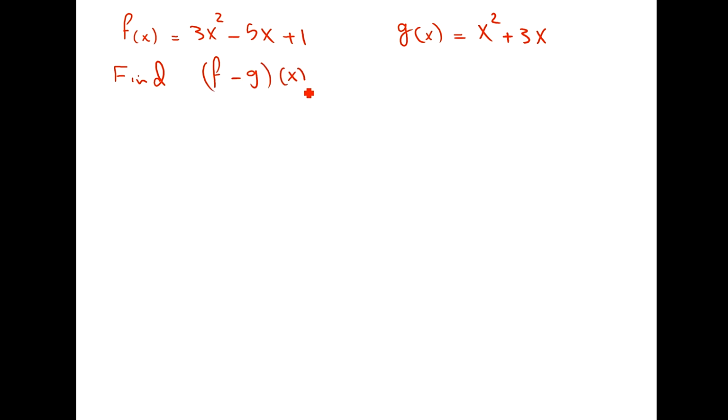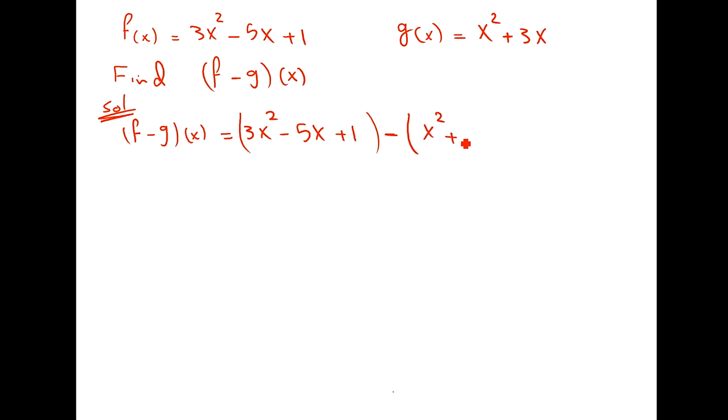Okay, f minus g of x, this equals what? For the solution, f minus g, we put f of x which is 3x squared minus 5x plus 1, minus x squared plus 3x.